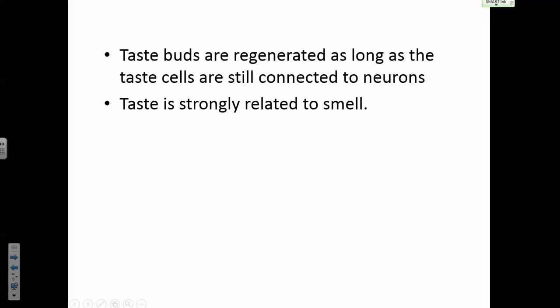You all probably realize that your sense of taste is very strongly related to your sense of smell. If you have a cold and you got so much mucus up there that nothing can bind to the olfactory receptors, food just doesn't taste as good, does it? I'm just throwing this out there.